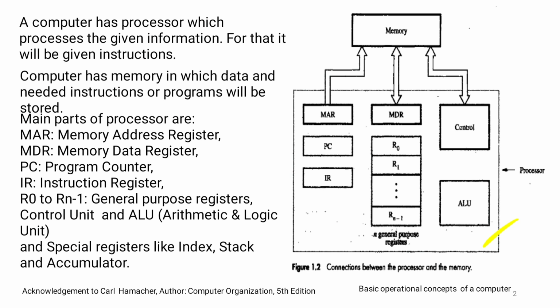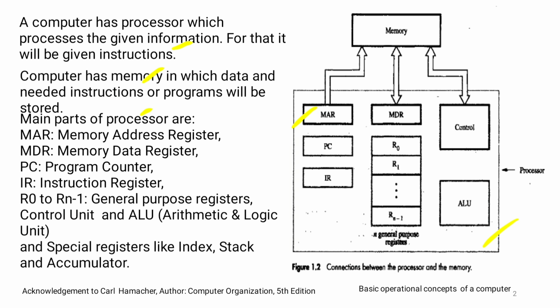A computer has a processor which processes given information. To process the information, it will be given instructions. The computer also has memory in which data and needed instructions or programs will be stored, and those will be processed by the processor. The processor's different parts include MAR, that is memory address register.